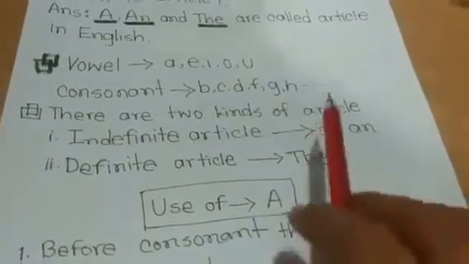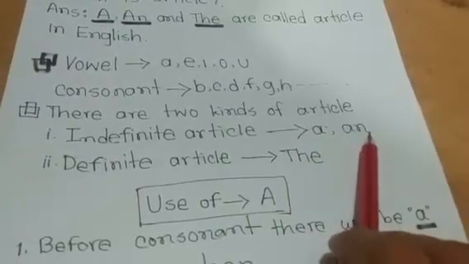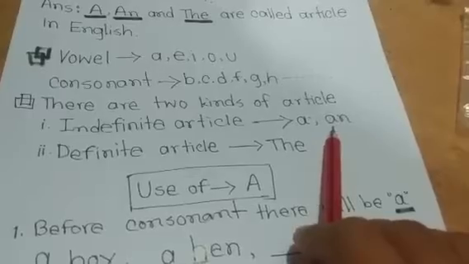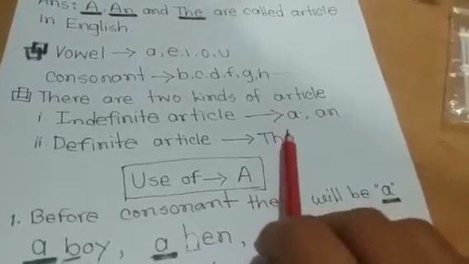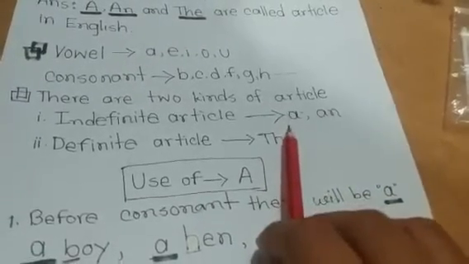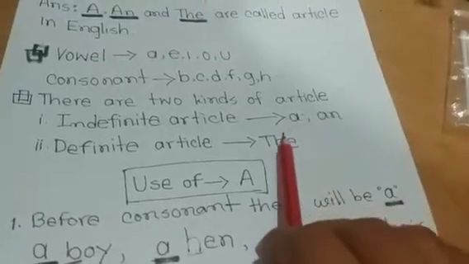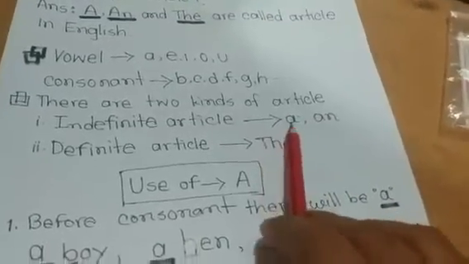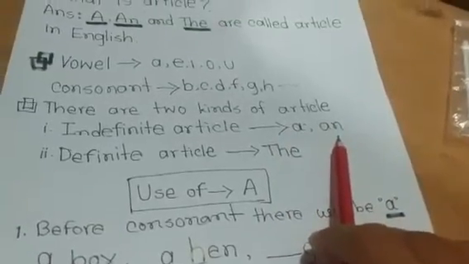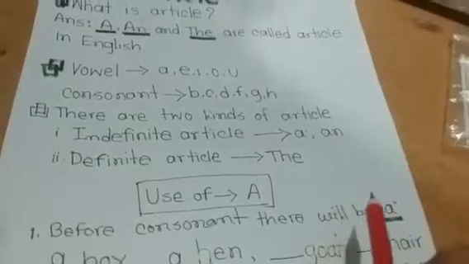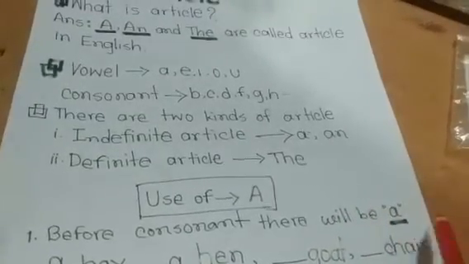There is no particular difference between a and an. A means one and an means also one. If the person is only one or singular number, before the noun there will be a or an. At first we have to see the word and the first letter of this word.